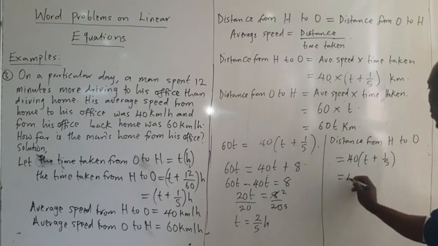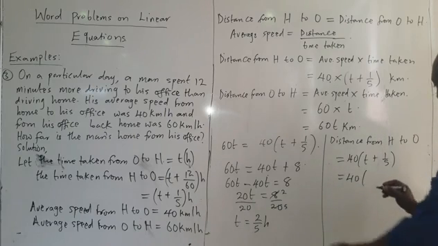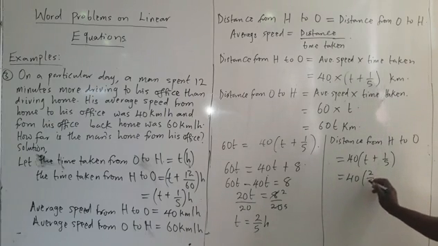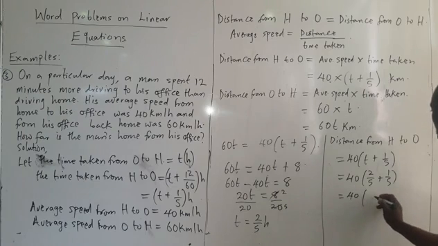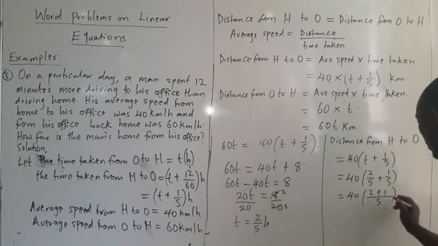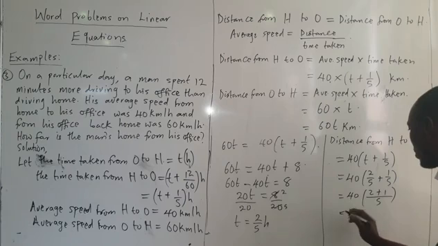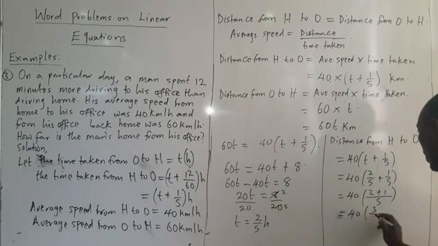So we now have 40 into, our T is 2 over 5, so 2 over 5 plus 1 over 5, which equals 40 into, the LCM is 5, that is 2 plus 1, so we have 40 into bracket 3 over 5.